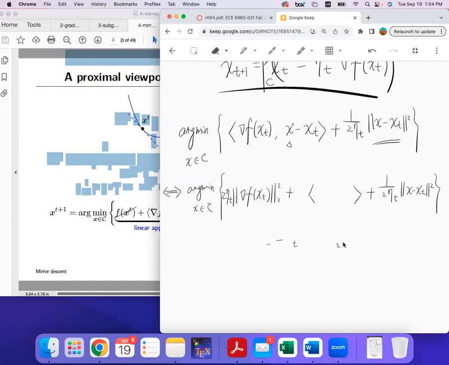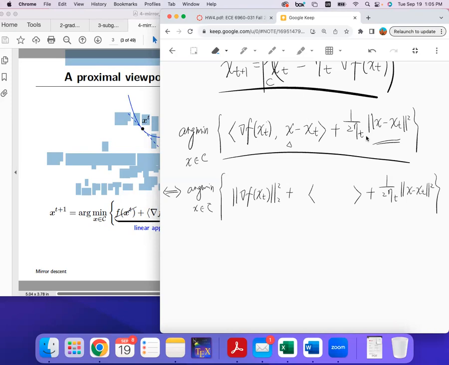Okay, I got it. Maybe I'm doing it in the wrong way. So starting from this line, I can multiply the problem by 2 eta t, because scaling all the terms by the same constant does not change the minimizer.